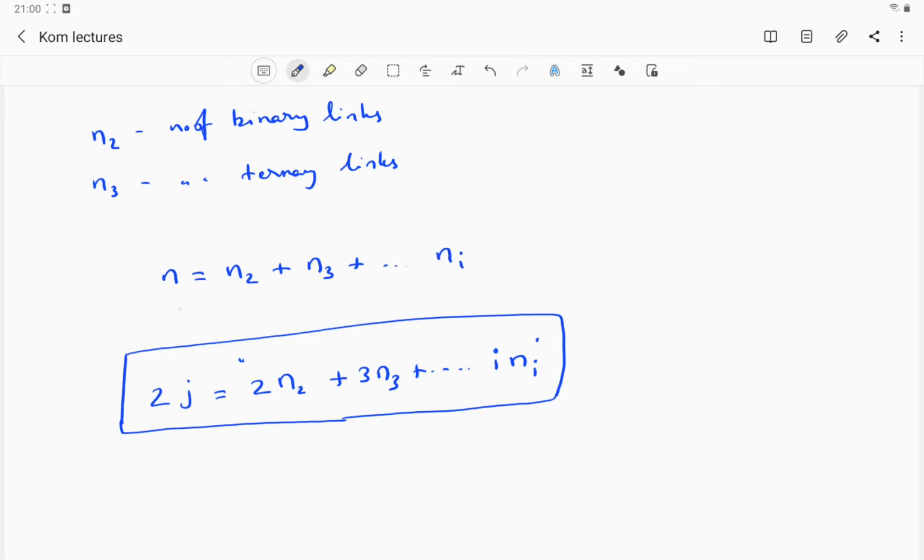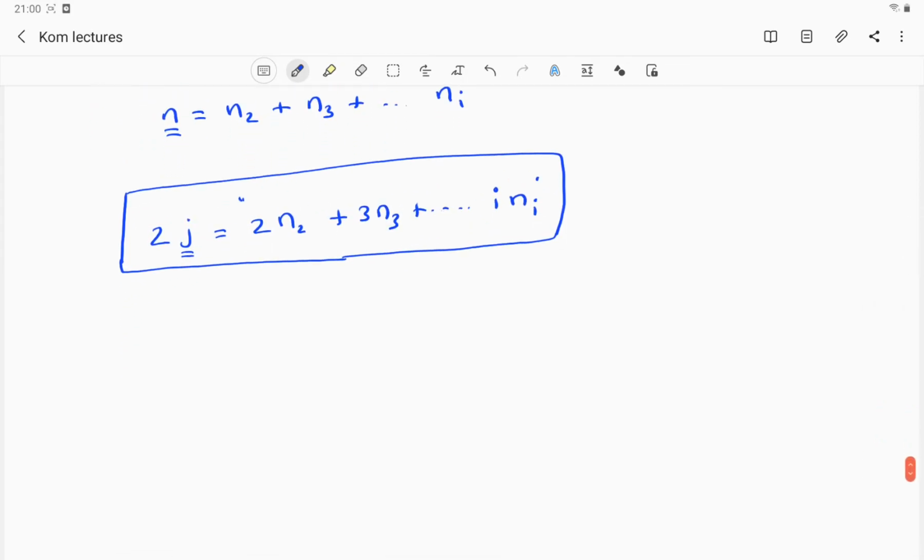Now this is n and this is j. We know for a constrained mechanism we have to satisfy Grubler's criteria, so let's use these two equations and put them in Grubler's criteria and see what we get. Let me write Grubler's criteria for reference, which is 2j minus 3n plus 4, which is equal to 0.